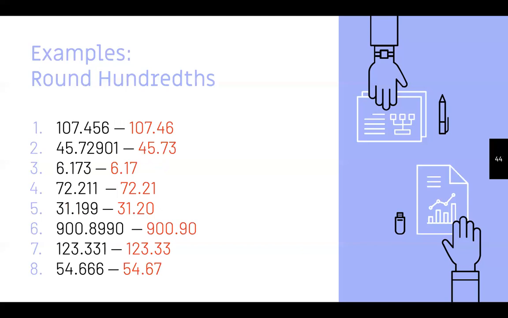Right. We go for the 100th. Same idea, just one step further, right? Now we do need to look at that thousandth spot to then round for the 100th spot, right? So let's look at the first one. 6 is greater than 5. By the way, I'm not going to say the whole number, right? We can just fill in the digits where needed.